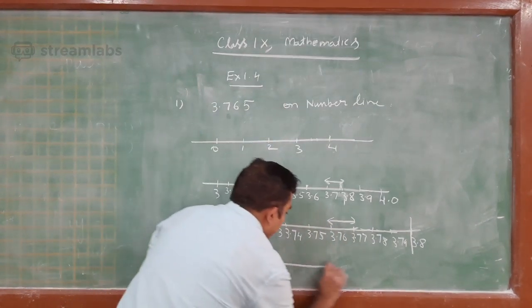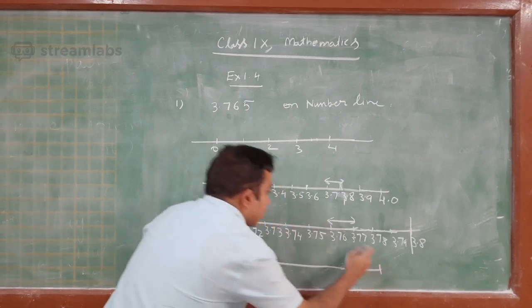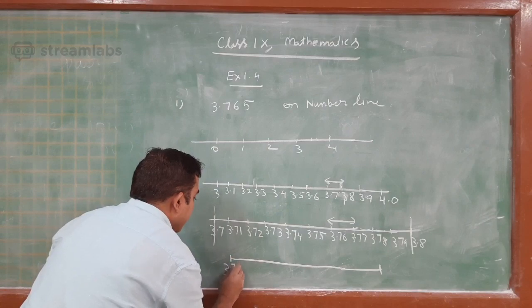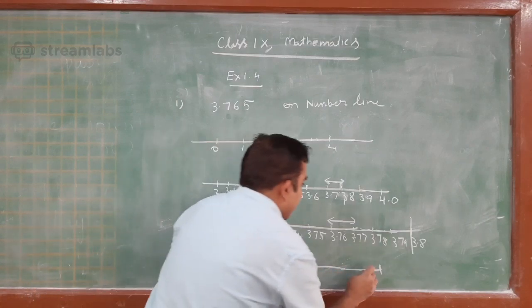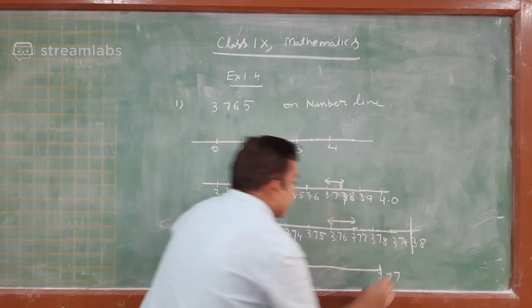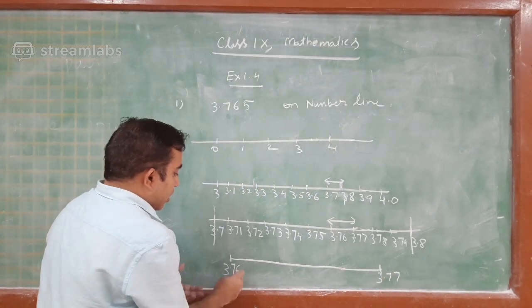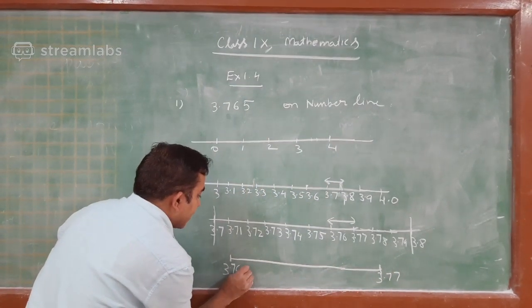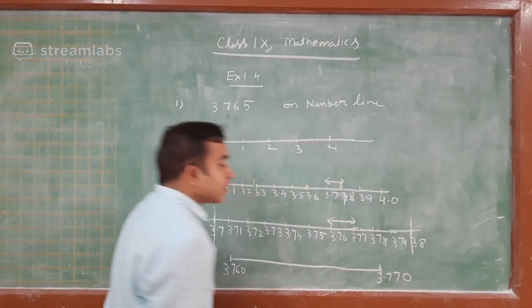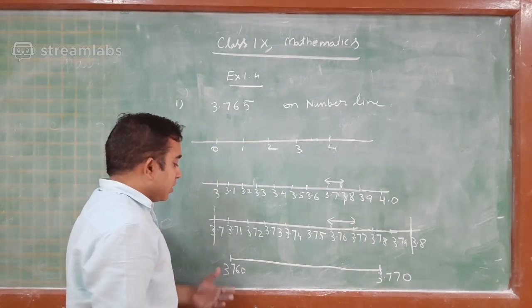Now let me draw one more. You can magnify this, beginning with 3.76 and ending with 3.77, right? So 3.76 you should see as 3.760 and 3.77 as 3.770.